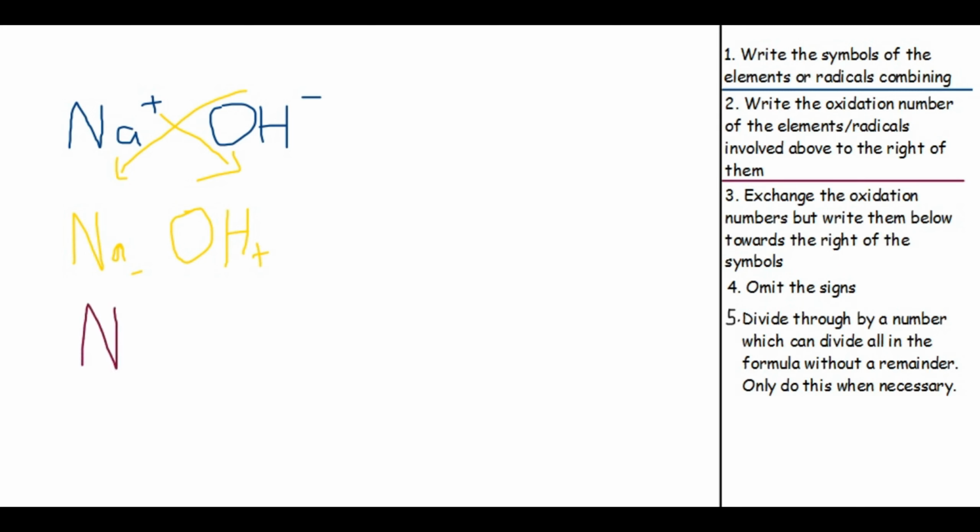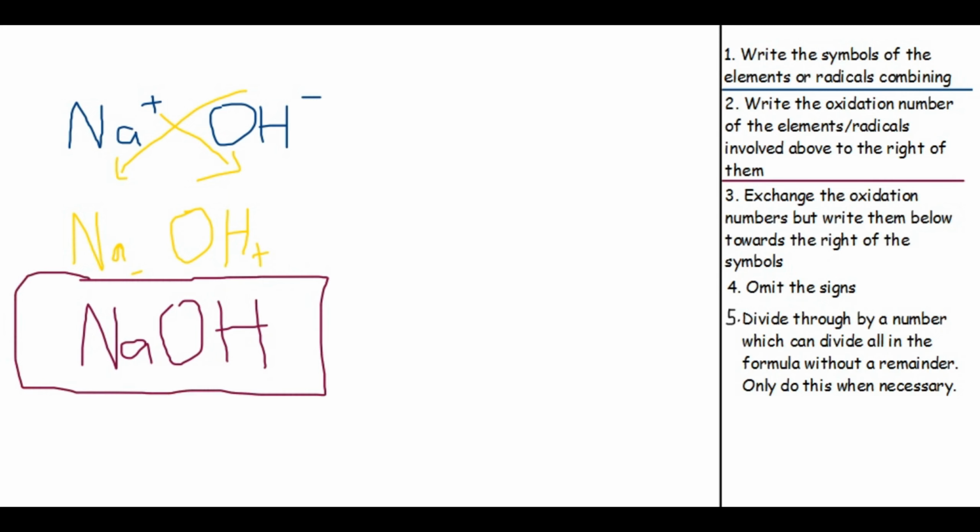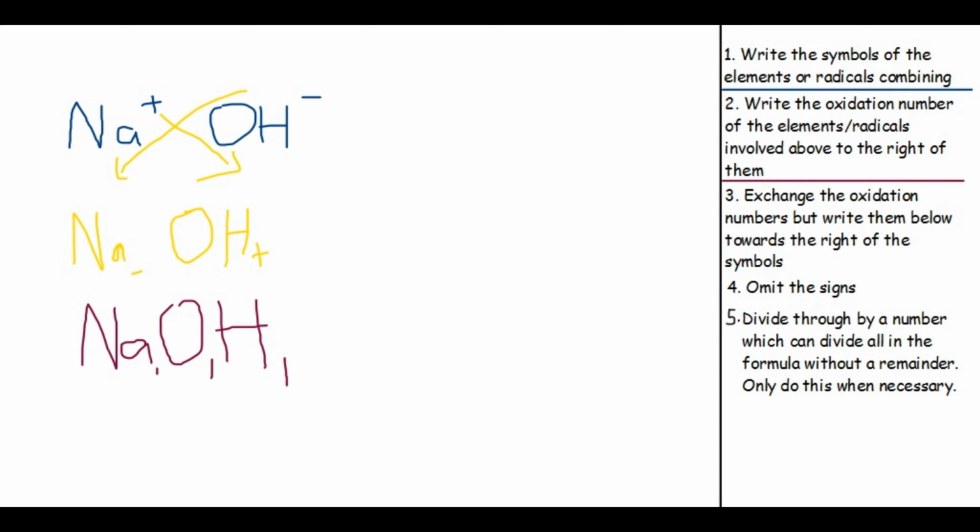So we'll have NaOH, and this is the chemical formula for sodium hydroxide. Now for the fifth step, we don't need to implement it in this case because we have 1, 1, 1 for all the elements involved. So they are already at the lowest term and they are all balanced.